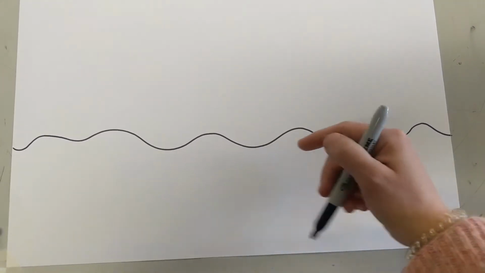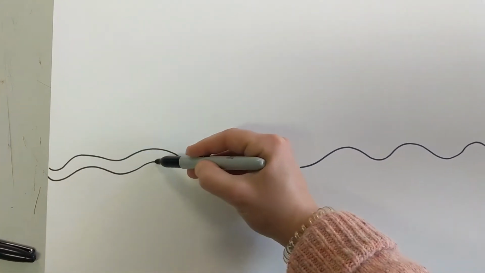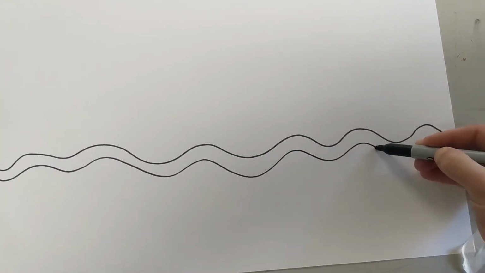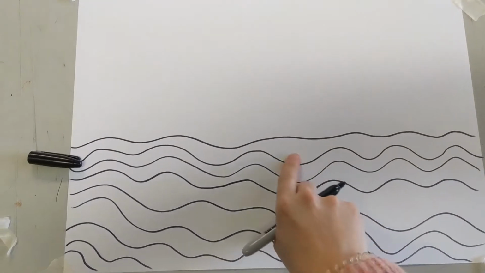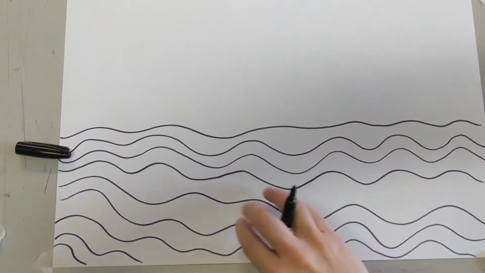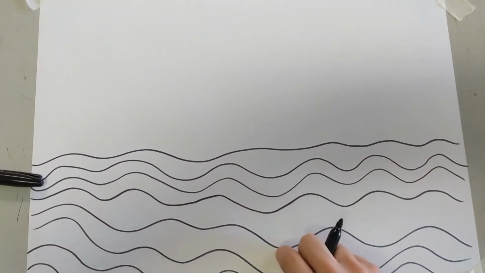Now this is meant to look like the sand in the sand dune of our desert. So I'm going to go ahead and do lots of these wavy lines for sand in my picture. I have done a whole lot of wavy lines, not zigzags, wavy lines on my page, and this is going to be the sand of my Australian desert picture.